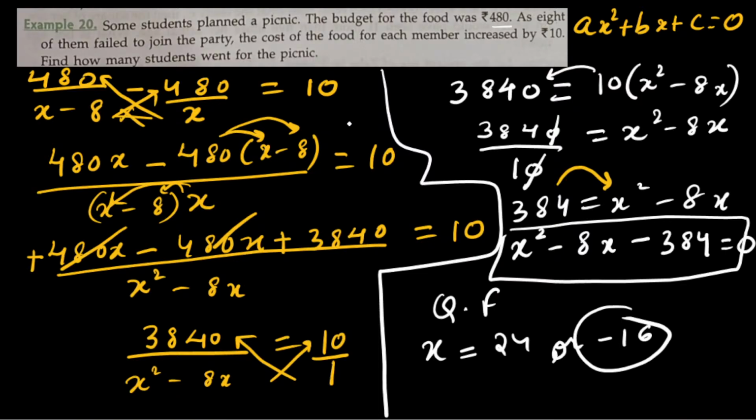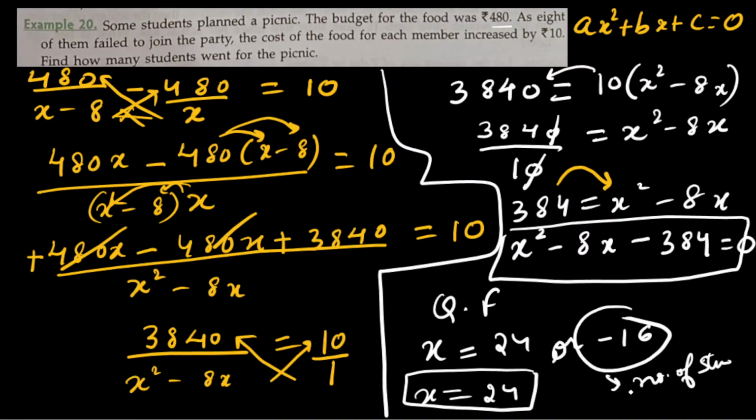Because we are finding here the number of students, and the number of students cannot be negative, x equals 24 is the required answer.